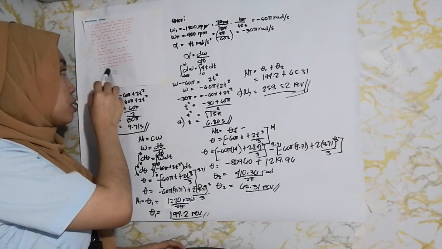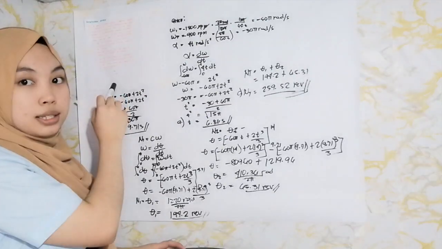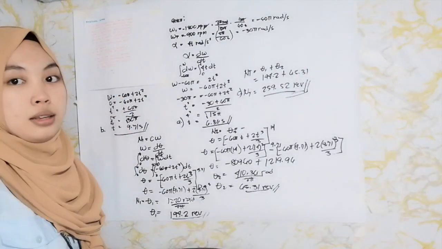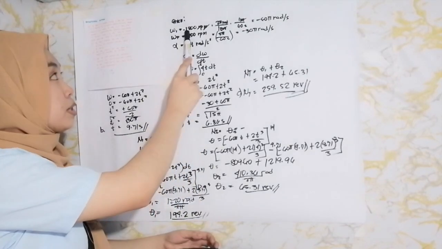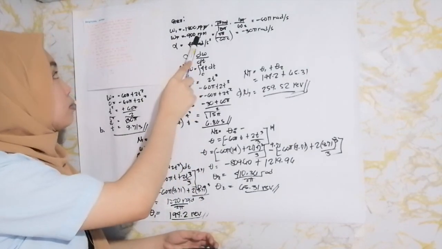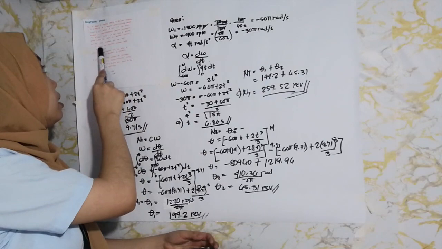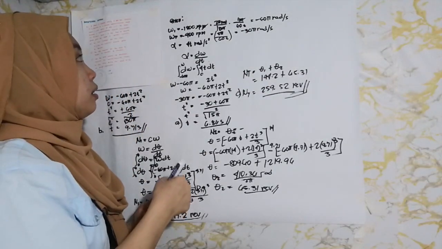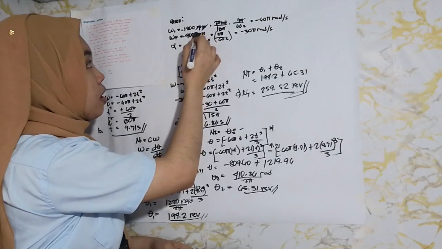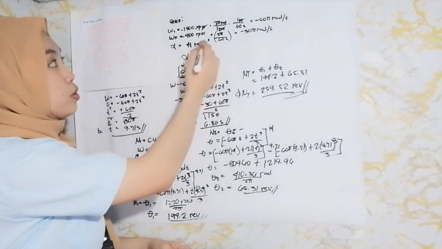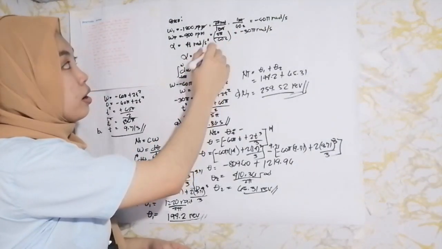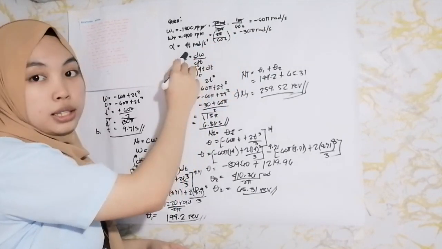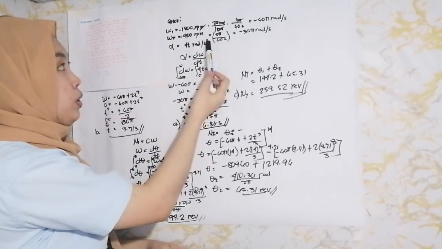In this problem, we assume clockwise is negative and counterclockwise is positive, so the sign is negative since the given is clockwise. The unit of the given is revolutions per minute, so we have to convert it into radians per second.